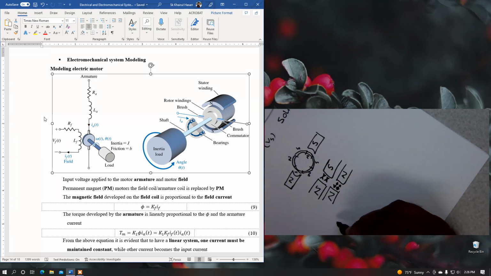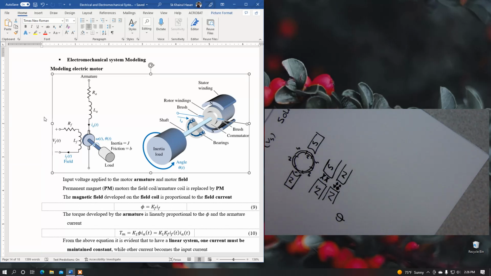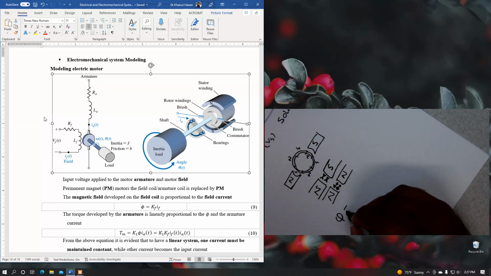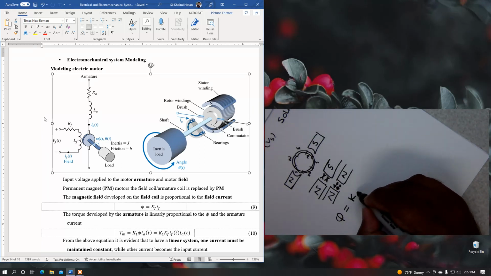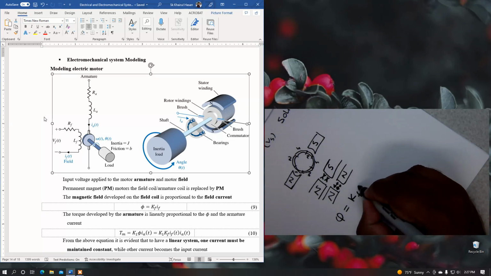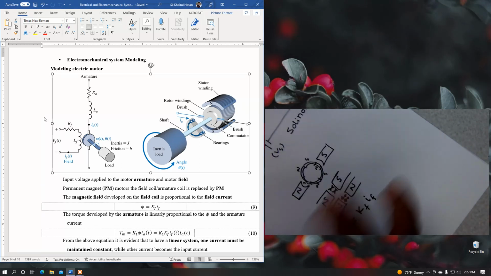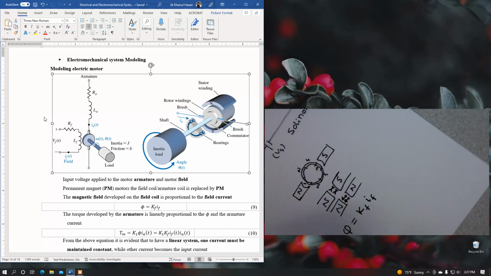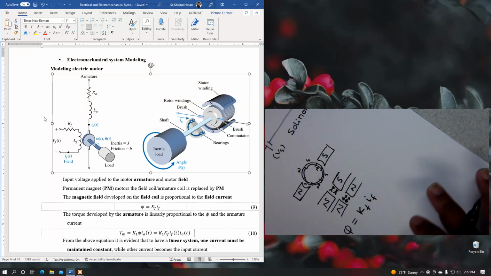The stator magnetic field is proportional to the field current. Very similar to the solenoid, the amount of magnetic field produced is proportional to the current. If high current flows, then a strong magnetic field. If low current flows, it will produce a weak magnetic field, right?